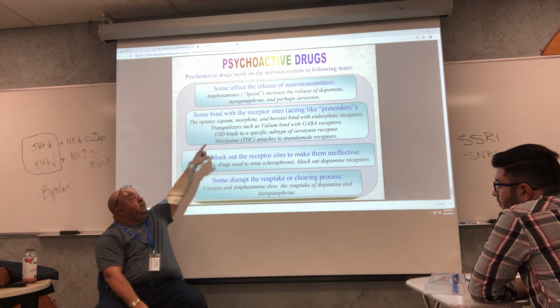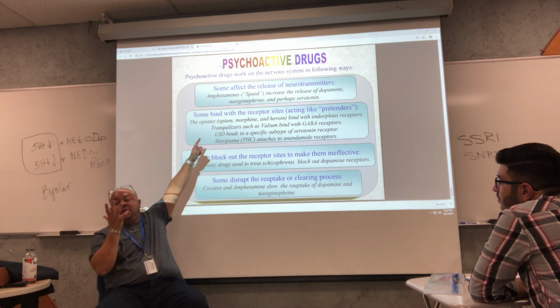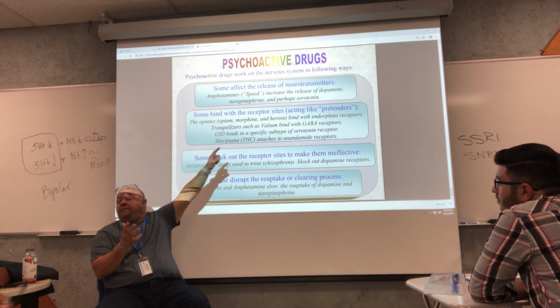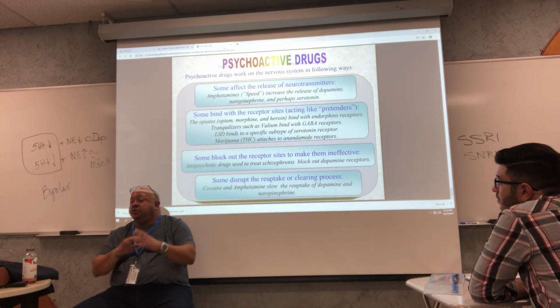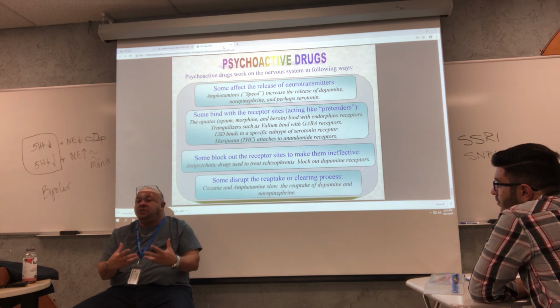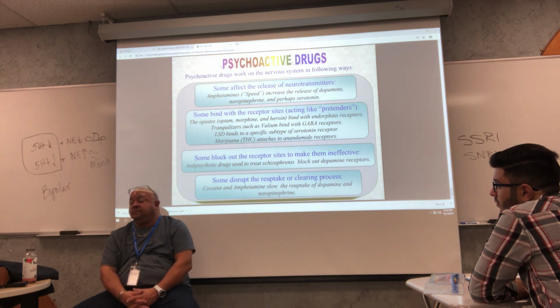Okay, so if you're releasing more, it increases the dopamine and the norepinephrine. And here you're blocking the reuptake, so you're stopping the recycling and keeping it there in the synaptic gap. So both of those conditions will lead to an increase in the amount of dopamine and norepinephrine.